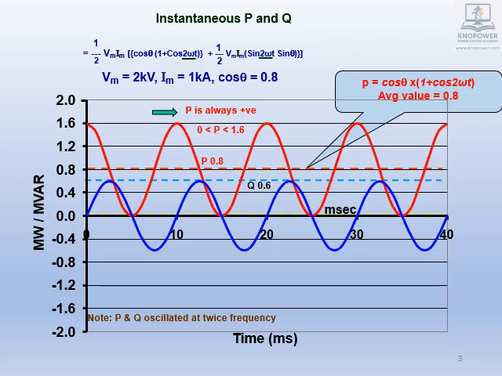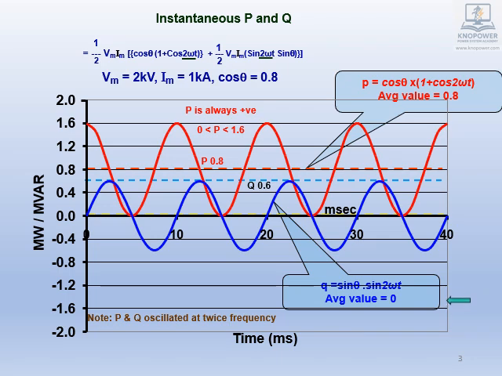The amplitude is plus minus 0.8. The graph for reactive power variation is shown in blue. Its average value is 0. It oscillates around 0, with an amplitude of plus minus 0.6.